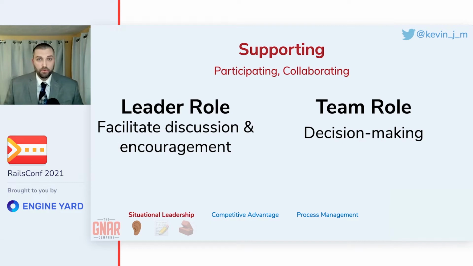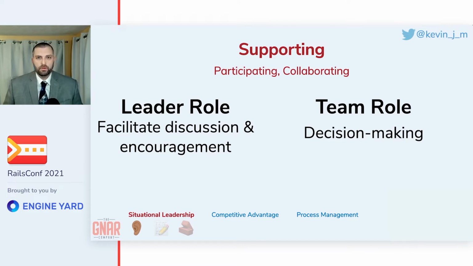The next style is supporting. And in supporting, the role of decision maker flips. Now it's the team that's responsible for making all of the choices and how this task is going to be performed. And as such, the role of the leader changes drastically.